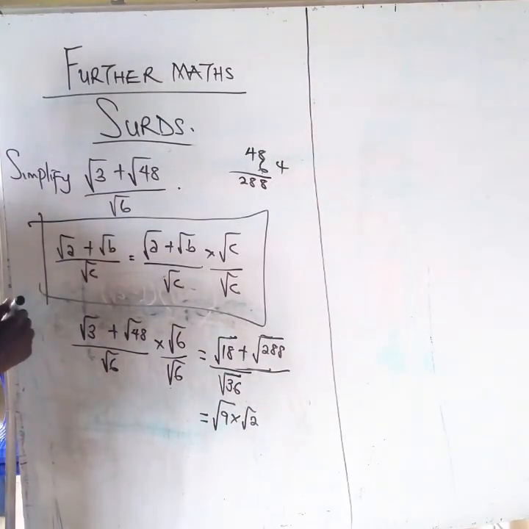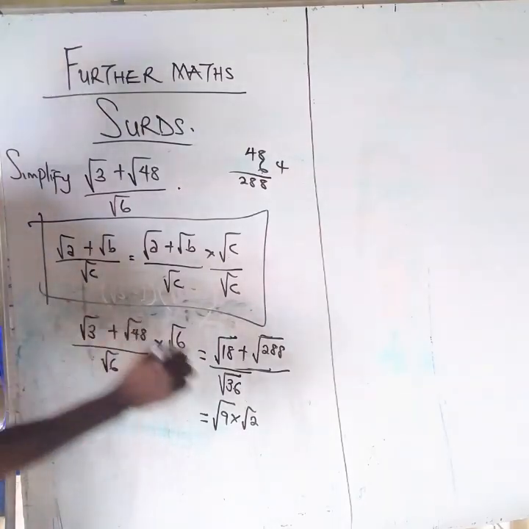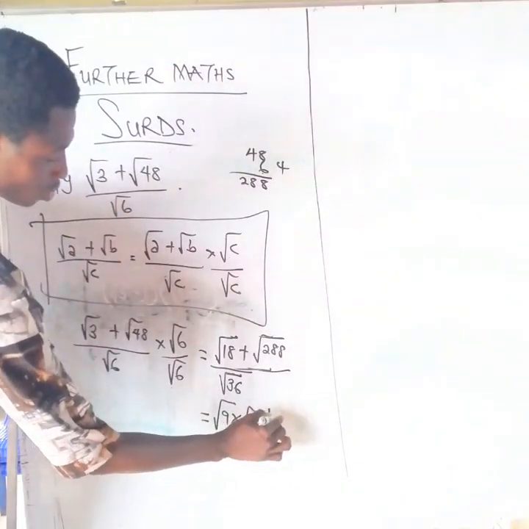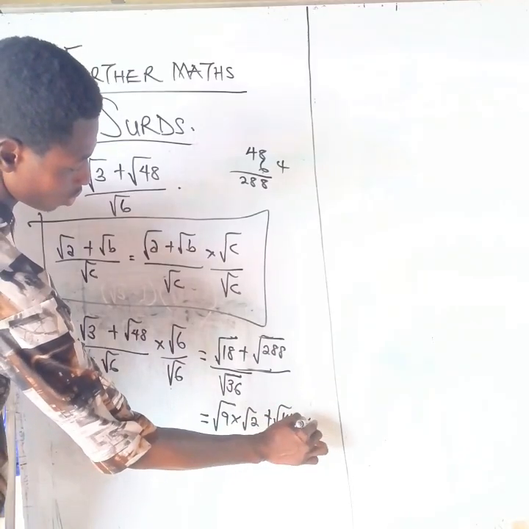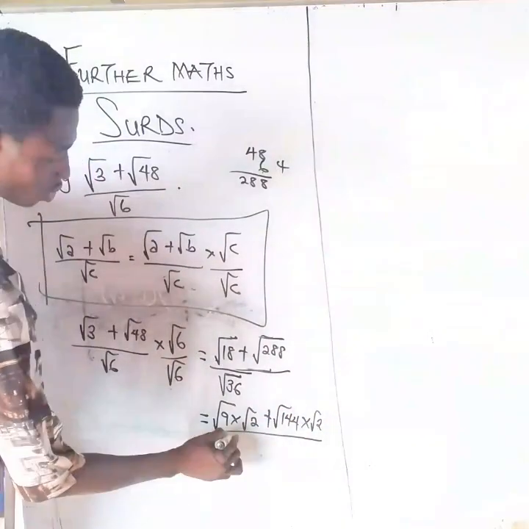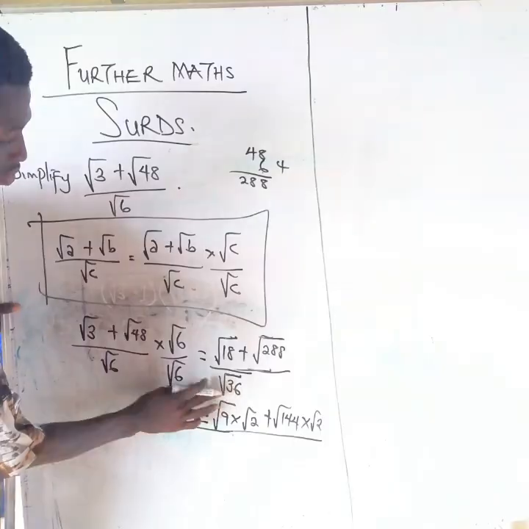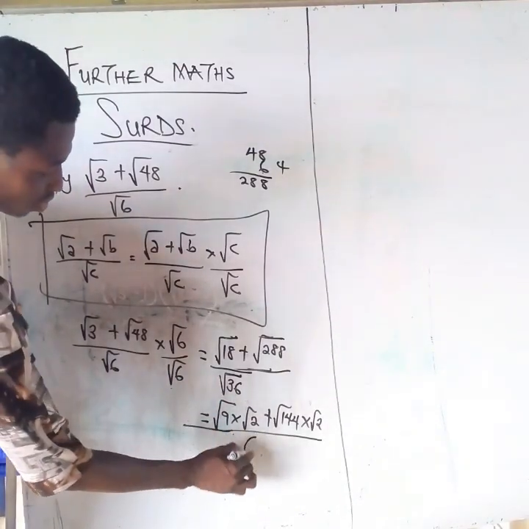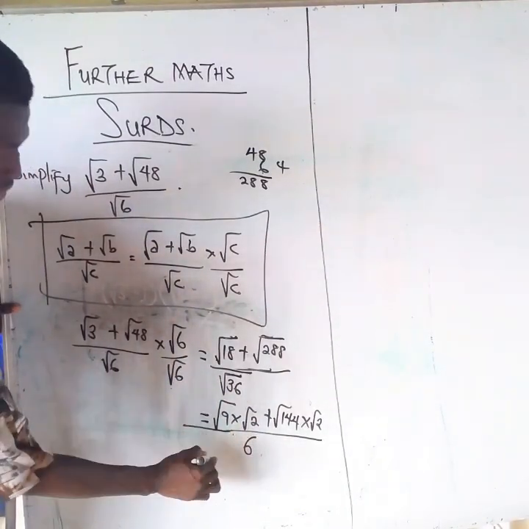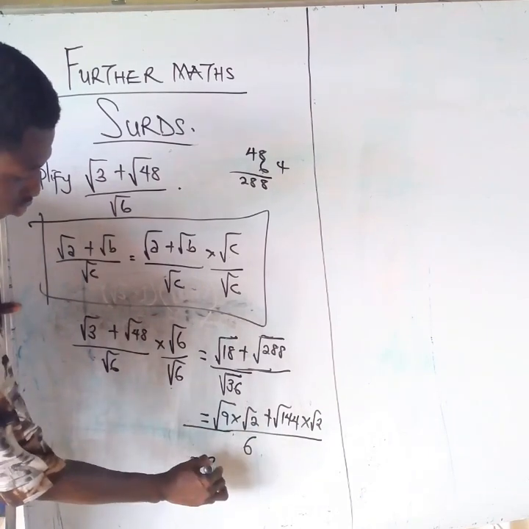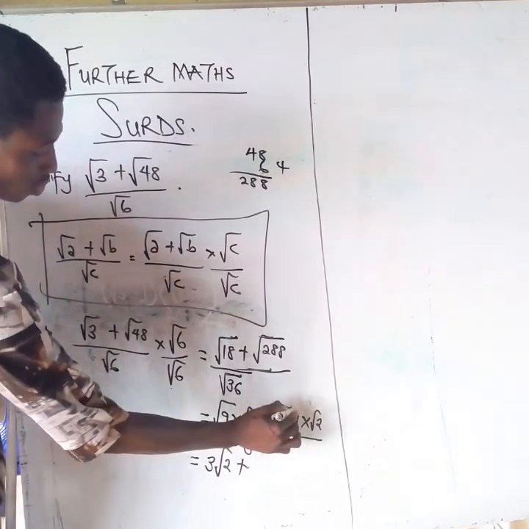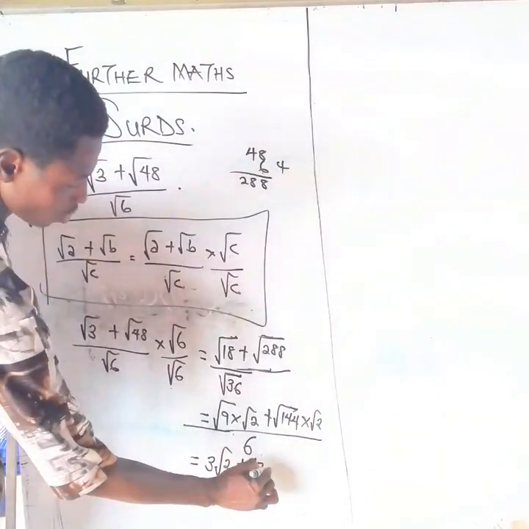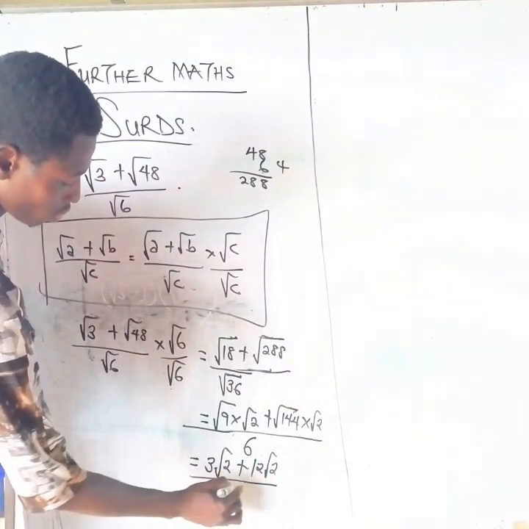Then we can also break 288 by saying root 144 times root 2 all divided by square root of 36 is 6. Now square root of 9 is 3 times root 2. Plus square root of 144 is 12 root 2 all divided by 6.